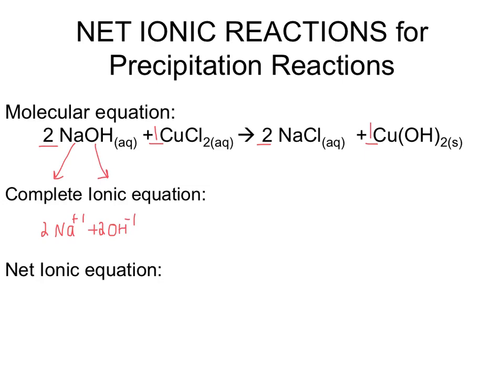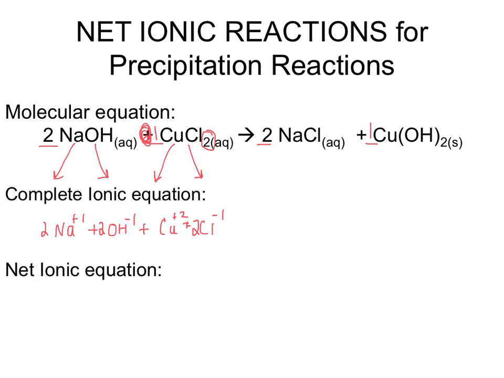Copper chloride is also aqueous. We're putting a little plus here for this one right here. And we're going to break that apart into the copper ion, which is a +2 ion, and the chloride ion, which is a -1 ion. Now we're going to put a plus between those because we're separating them out into ions. You'll also notice that there are 2 chlorine ions here, so I do have to put a 2 in front of that.